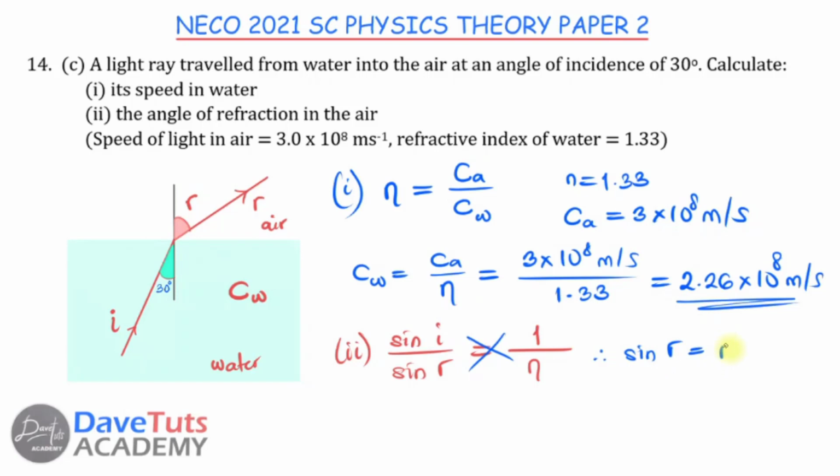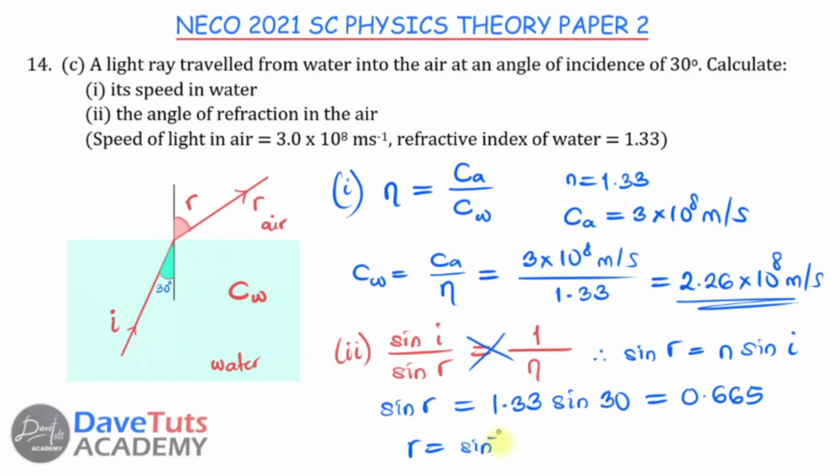Sine R is equal to n sine I. So sine R, which relates to the angle of refraction in the air that we are looking for, is equal to n, which is 1.33, multiplied by sine I. Sine I is sine 30, and sine 30 is 0.5. So this is 0.665. Okay, so R will be the arc sine of 0.665.